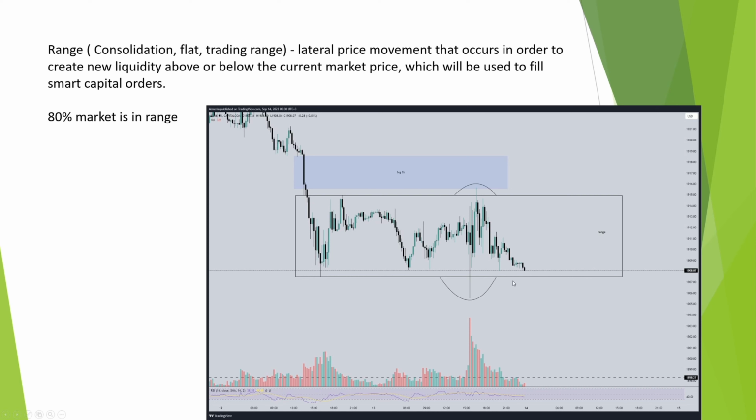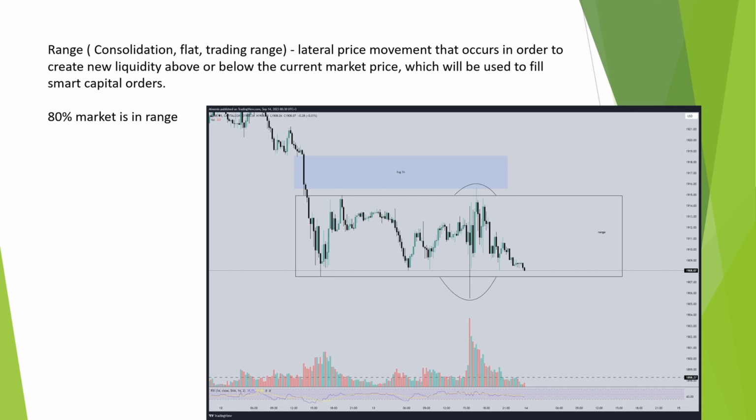Also, one more thing: you can find range or Wyckoff most of the time on instruments that have real value. It's commodities, it's the stock market, shares basically. Also you can find it on crypto because crypto has spot market and futures.